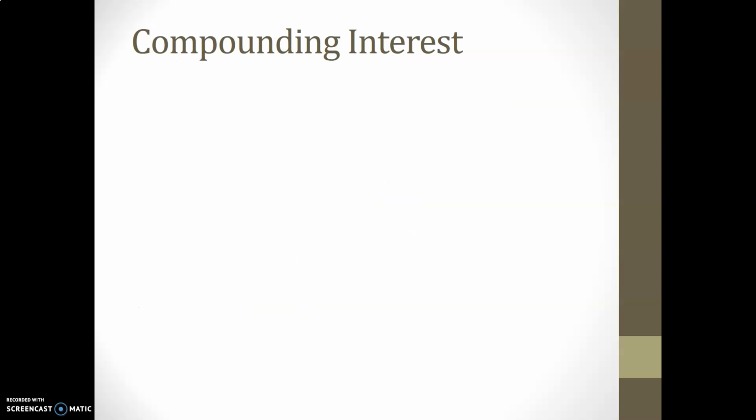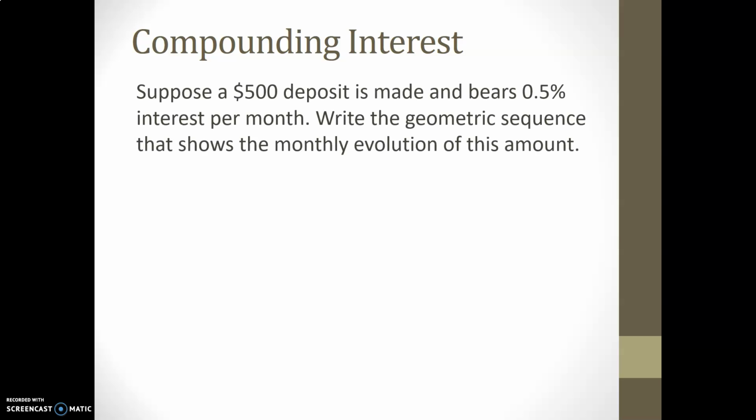Now for us, the most interesting application of geometric sequences will be compounding interest. Suppose $500 are deposited into an account that bears 0.5% interest per month. Write the geometric sequence that shows the monthly evolution of this amount.